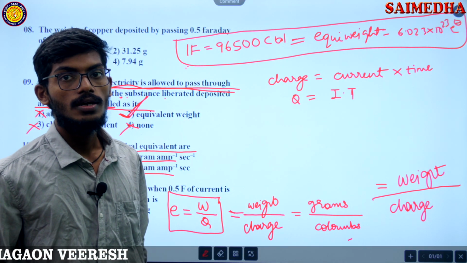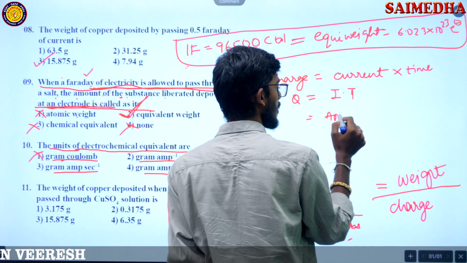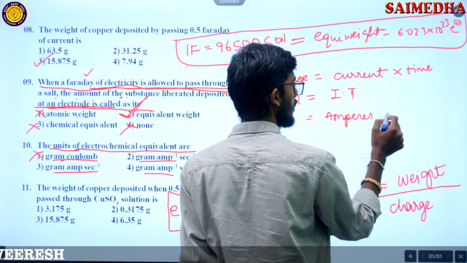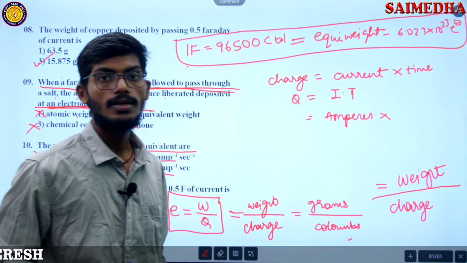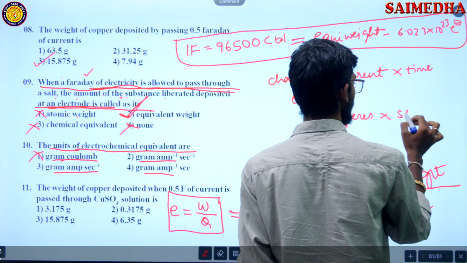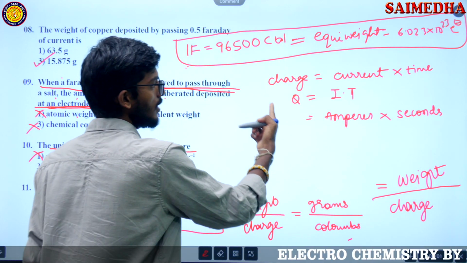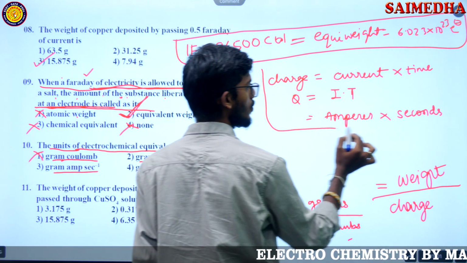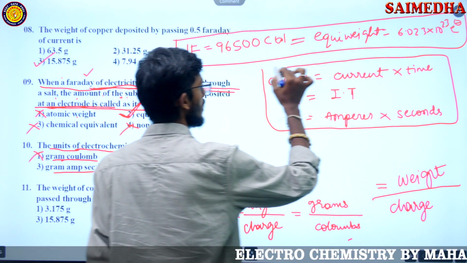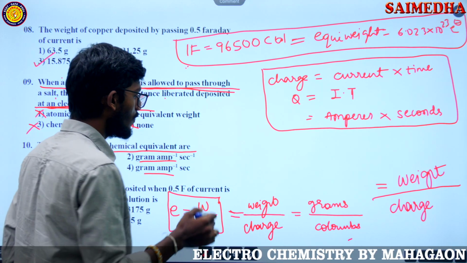Current units are what? Amperes. Time units are what? Seconds. Now substitute this: charge is equal to current into time, amperes into seconds here. Then what we will get?